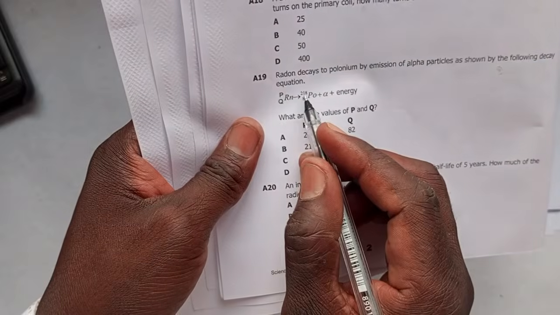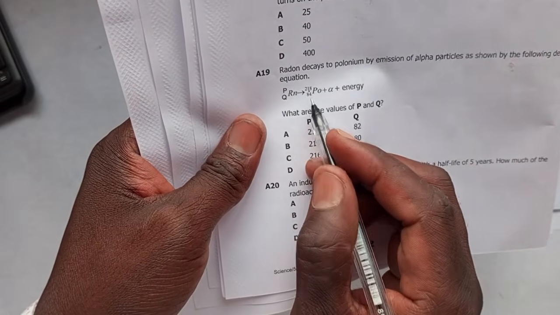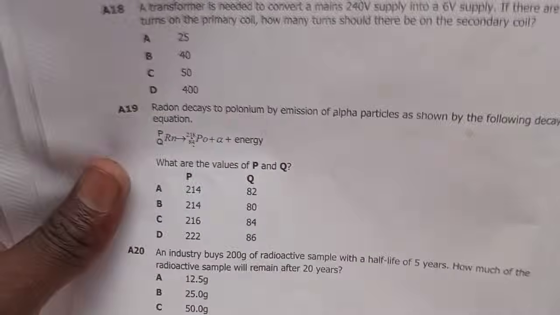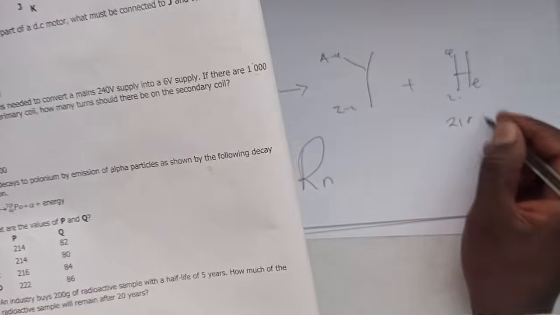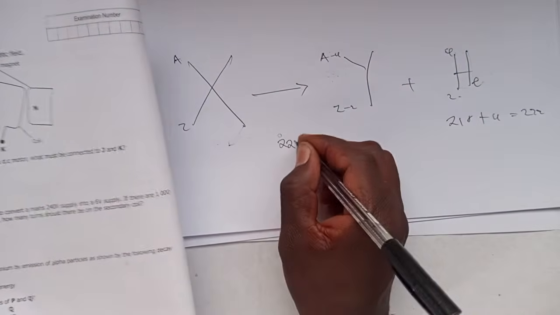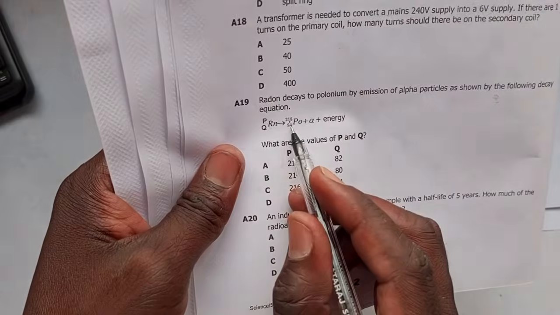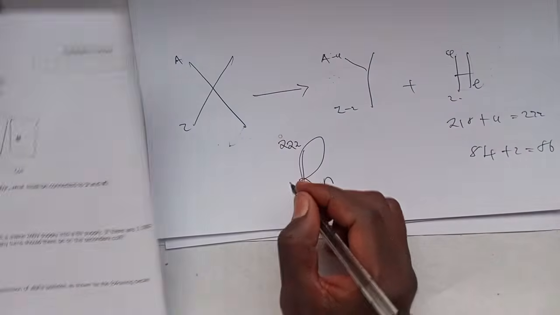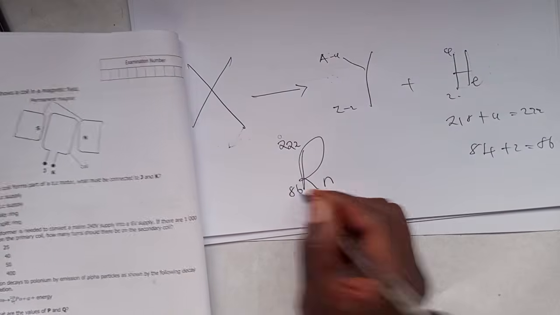What it means is you have to add 4 to this and 2 to this. Rn will have 218 plus 4, which gives you 222. So there is 222 here. Then 84 plus 2 gives you 86. So there is 86 here.